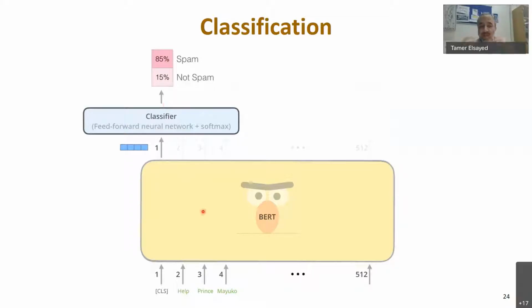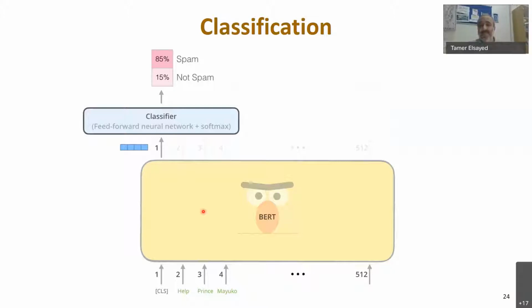BERT is a model to give you embeddings, a representation for the sentence, or two sentences as we will see, for the input. Whatever the input is, it will give you embeddings for each token in the input, plus a special embedding for the CLS token that can be used as an overall representation for the entire sentence.